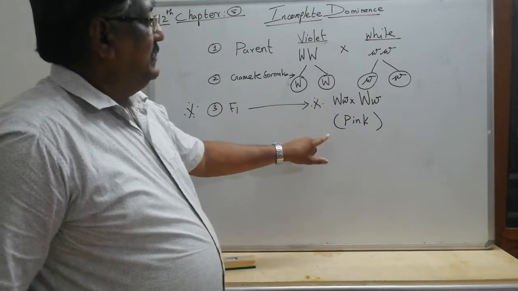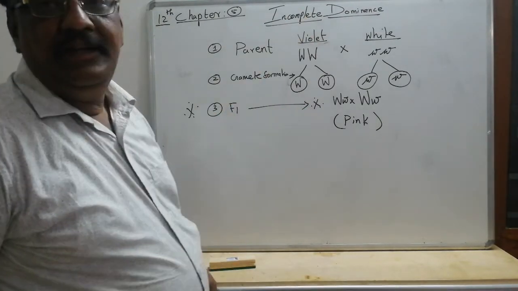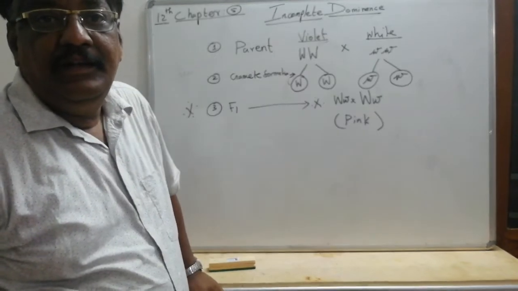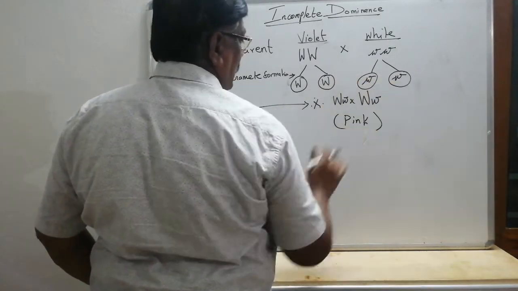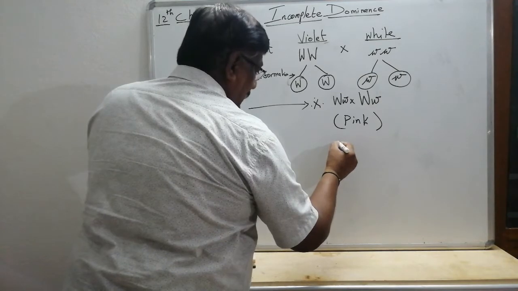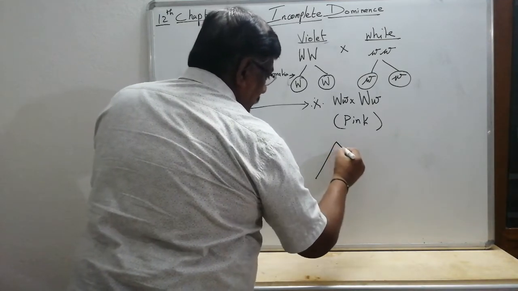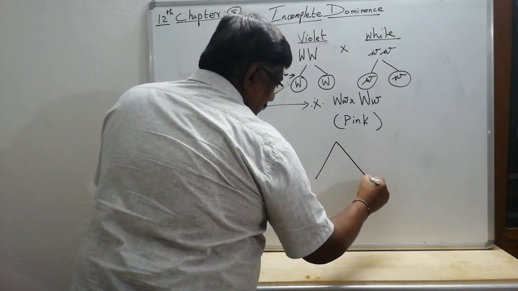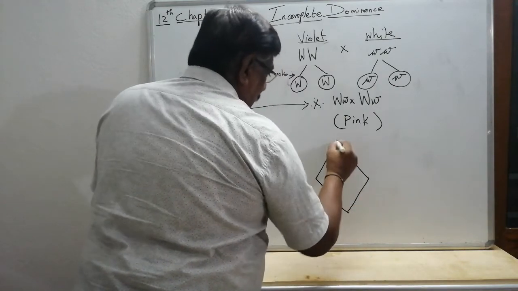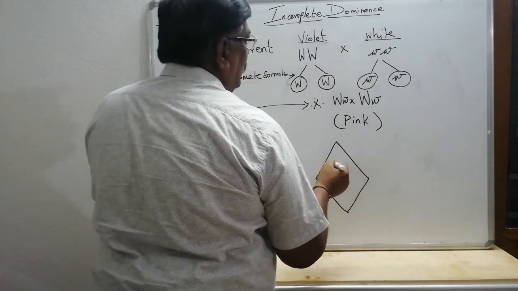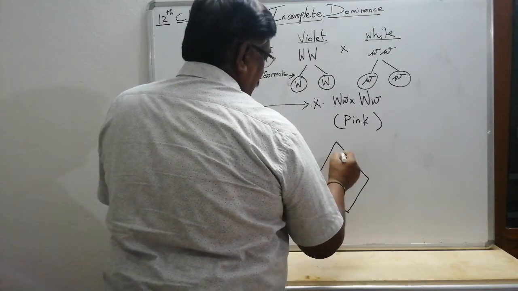Based on this finding only, they have explained what is law of dominance, and how this is done. We have to always make a Punnett square, but I will show you another way. If you make it this way, it will be very easy for you, right?